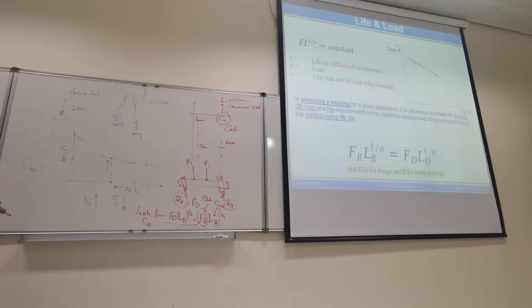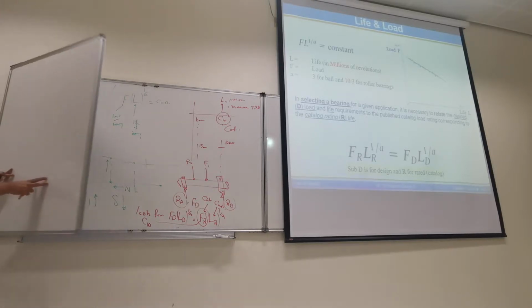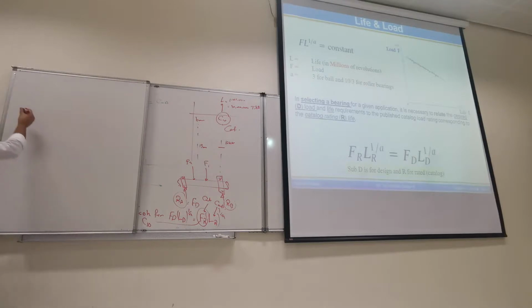So I can manipulate this equation and rearrange its parameters like this. The dynamic load, which is also equal to the rated load, the same thing, is equal to the desired load times the desired life over the rated life, to the power 1 over A.